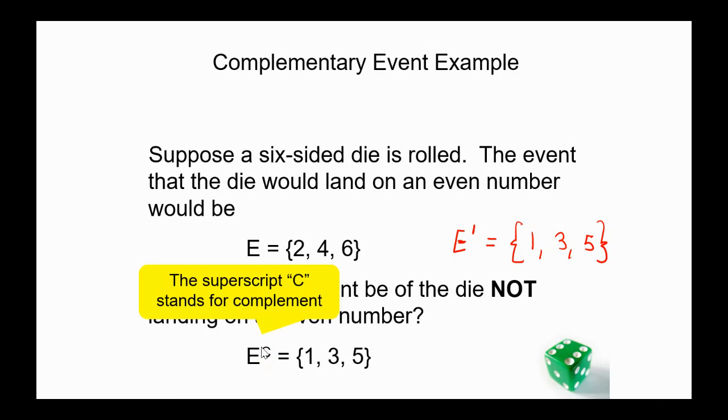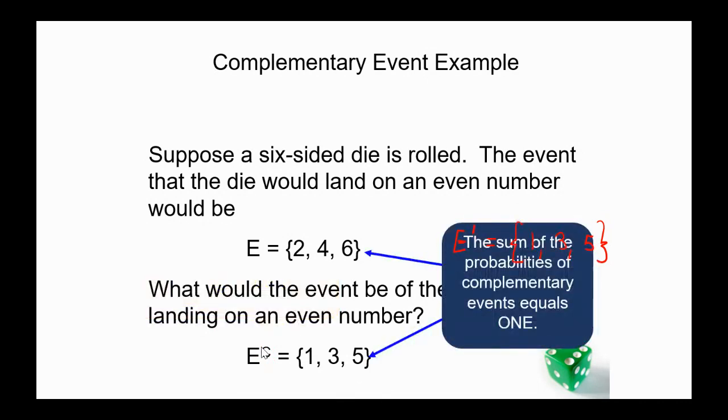So the superscript C stands for complement. Now, if I combine E and E complement, then that probability would equal 1, meaning it's guaranteed, I guarantee it, that you'll get 1, 2, 3, 4, 5, or 6 if you roll a die.